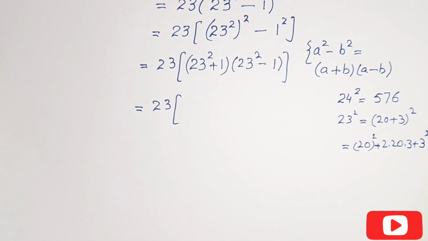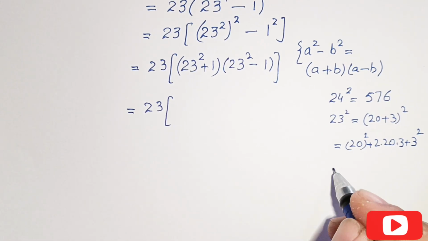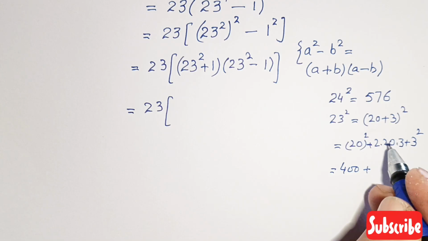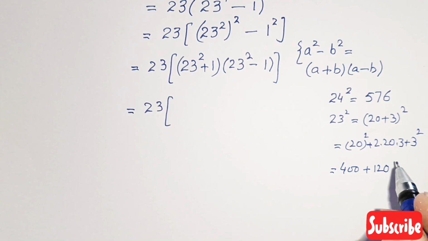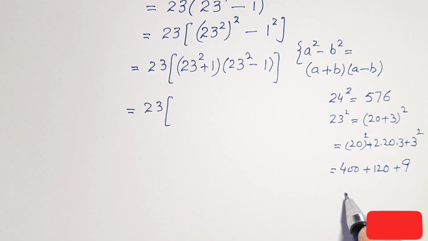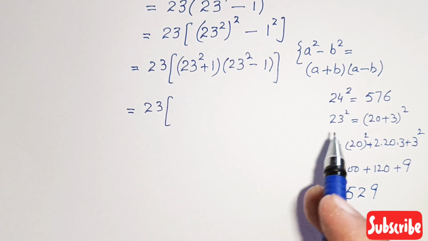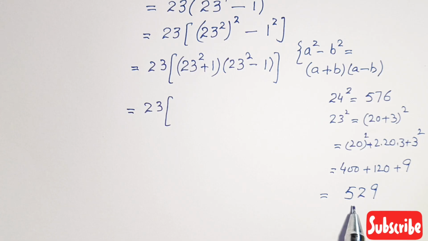So here we have 20 squared, which is 400, plus 3 times 2 is 6, times 20 is 120, and plus 3 squared is 9. When we add 400, 120 and 9, we get 529. So here 23 squared is equal to 529.